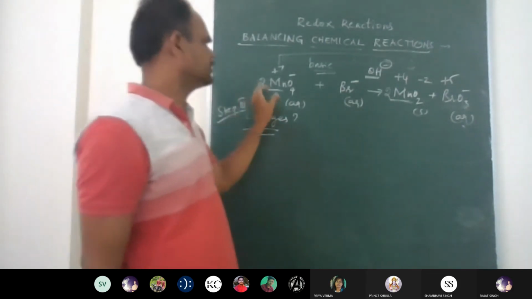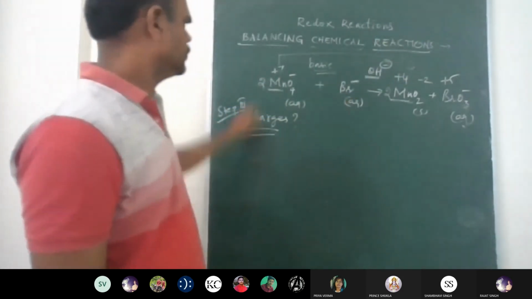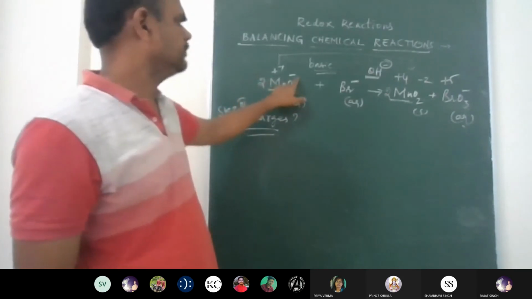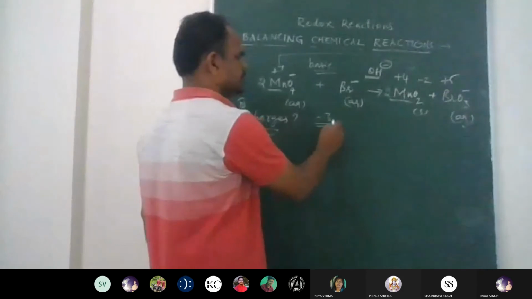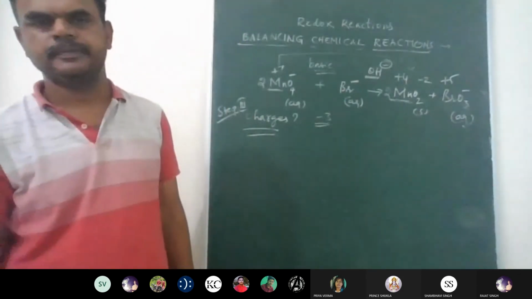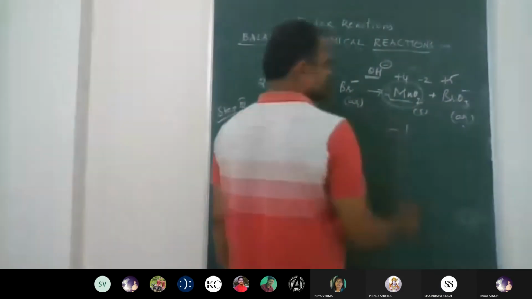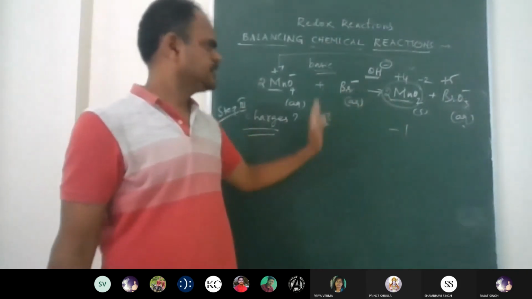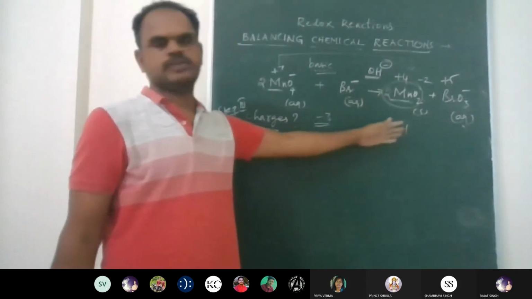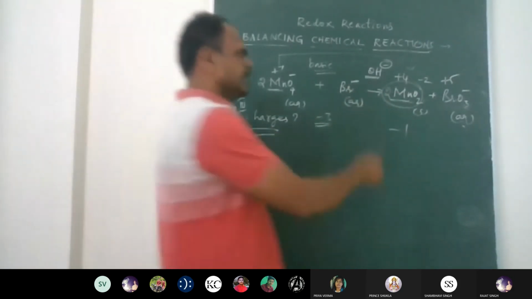Now find out the charges. How much charge is on the left side, and how much on the right side? So on the left side, 2 into -1 is -2, plus the other, that means -3 charges, no? Left side. And the right side? Here is the neutral compound, and this has -1 charge. So here we should bring the charge. We have to bring -2 charge on the right side.